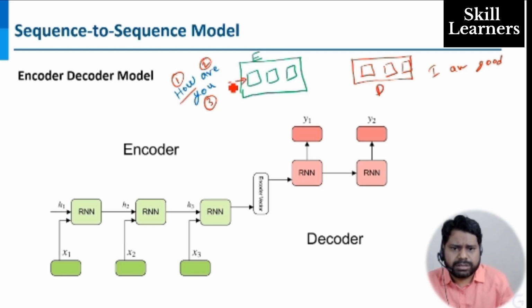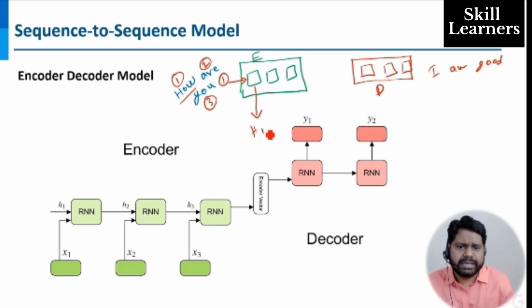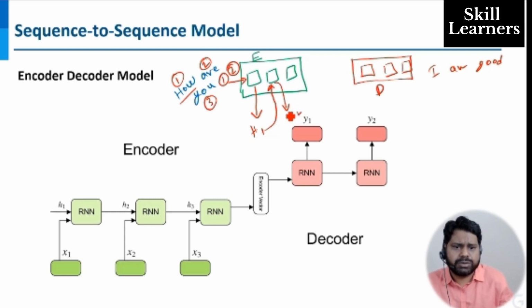this 1 will go, and h1 is generated, that is hidden state 1. Then this will go to the model, as shown in the picture. Then similarly 2 will go, and it will generate h2.